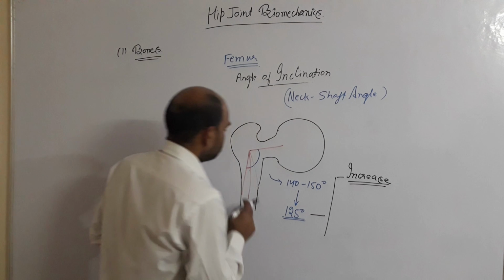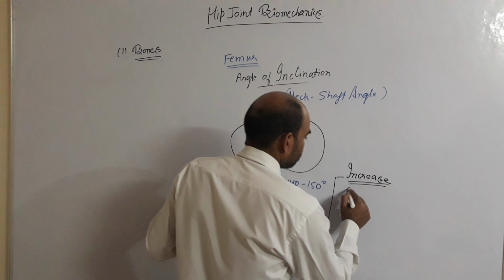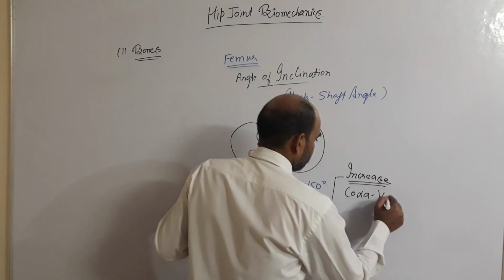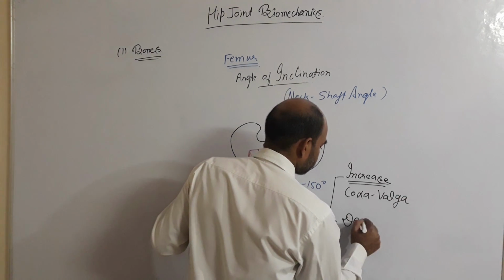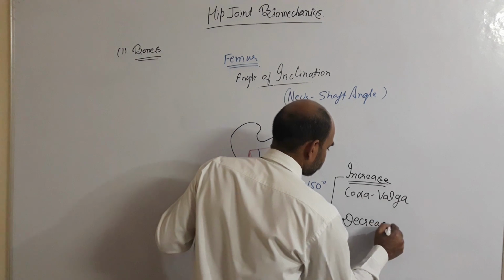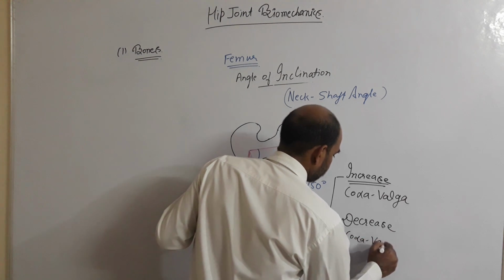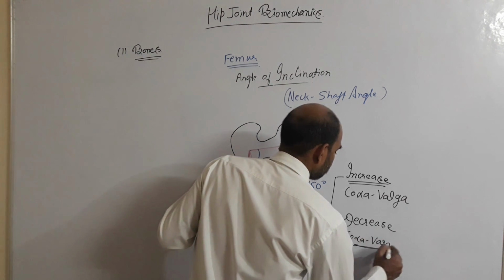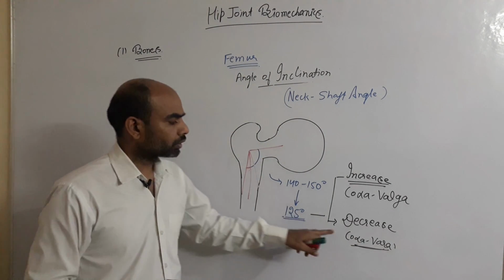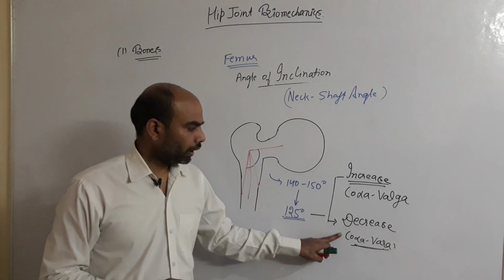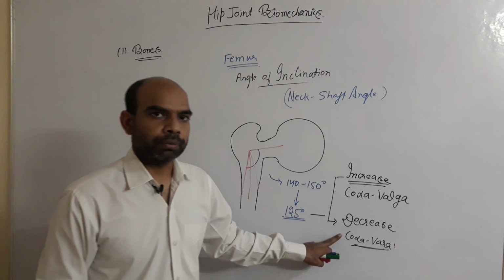If this angle is increased, it moves the femur in the valgus direction, so it is called coxa valga. And if this angle is reduced, it is called coxa vara. In coxa vara, the chances of superior dislocation of the hip joint are greater.